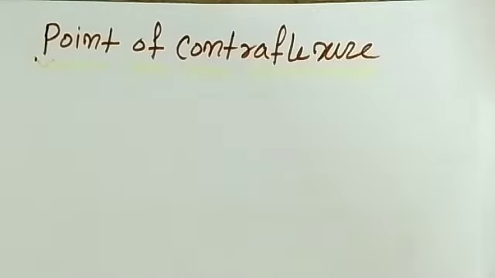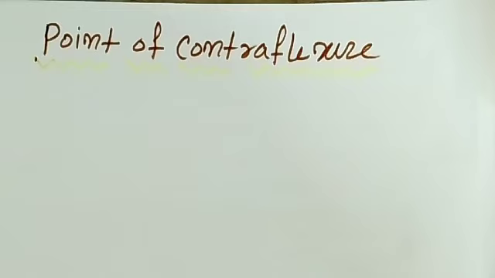Whenever the bending moment changes its sign, there will be one point where the bending moment becomes 0, right? That point where the bending moment becomes 0, we call it the point of contraflexure or the point of inflection.